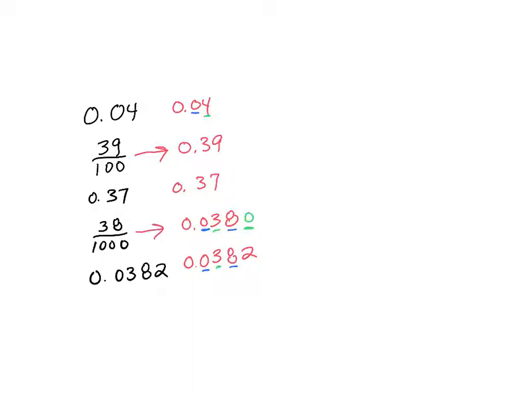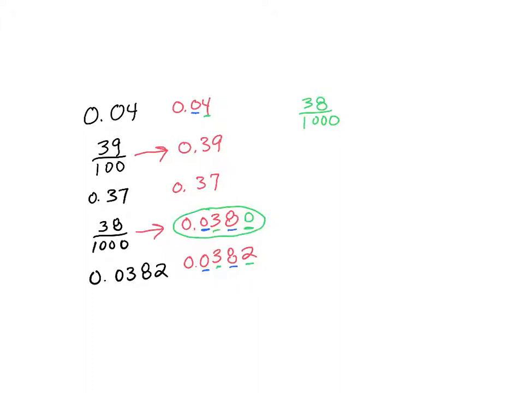That has a 0, the other one has a 2. So the very first number is the smallest number, and I'm going to rewrite it the way it was originally written. 38 thousandths is the way it was originally written. And now I don't need to worry about that number anymore.